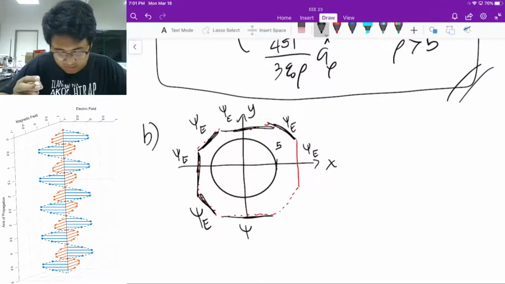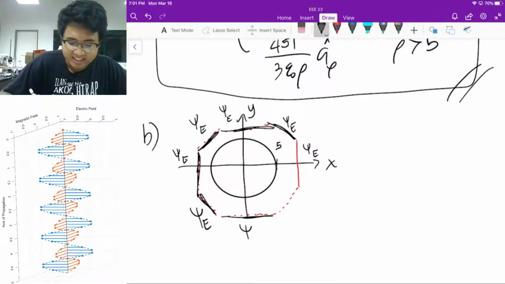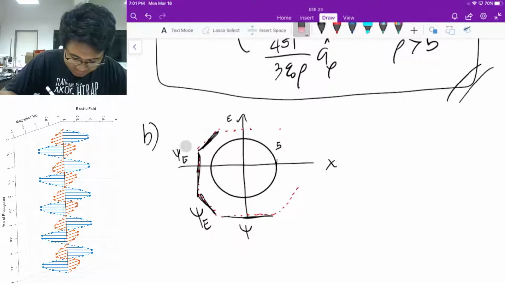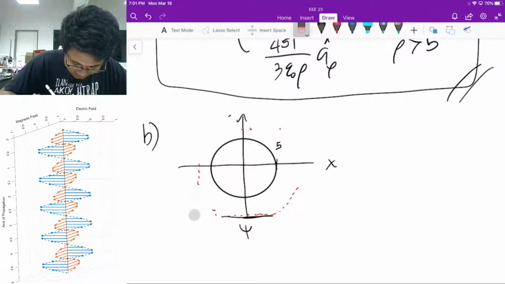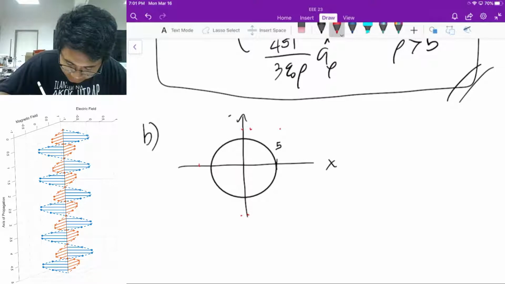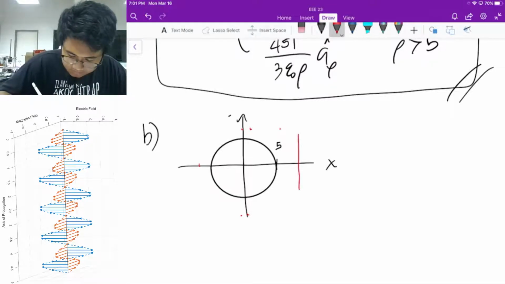Wait, this is not a hexagon. I apologize for that. Let me redraw that. Your hexagonal surface looks like this.